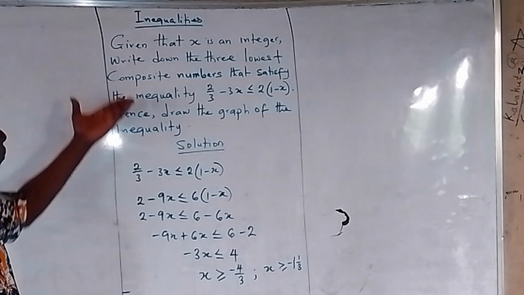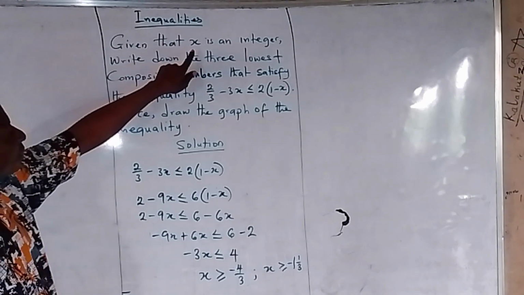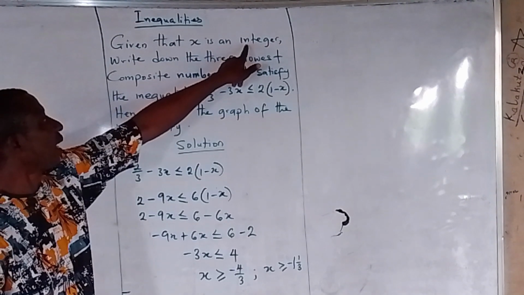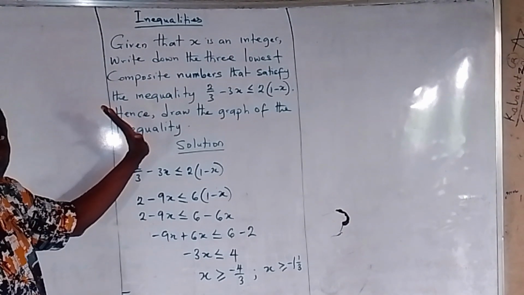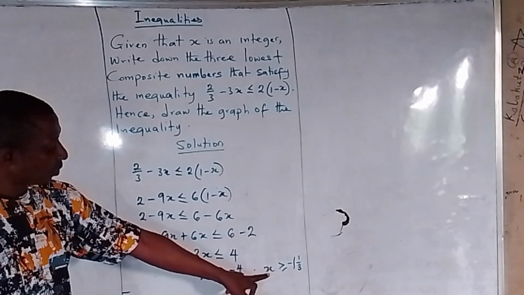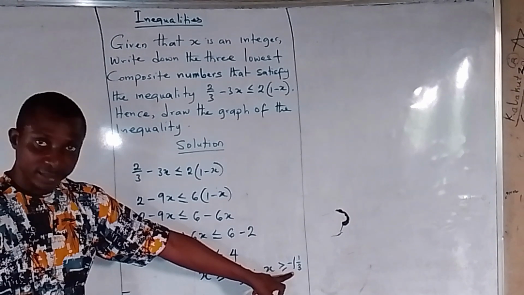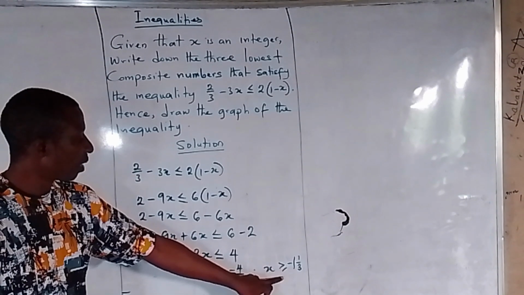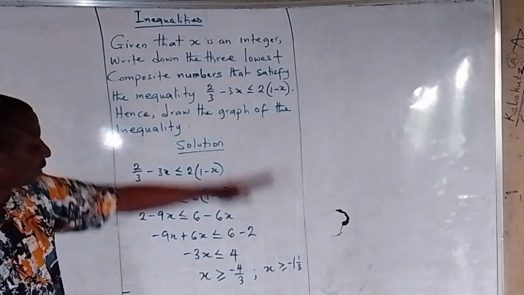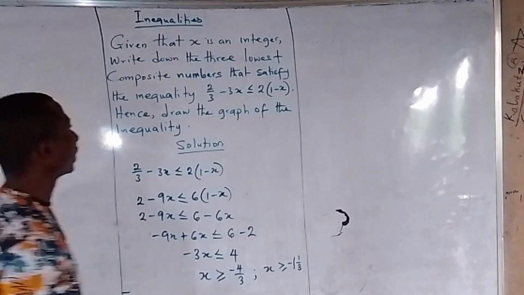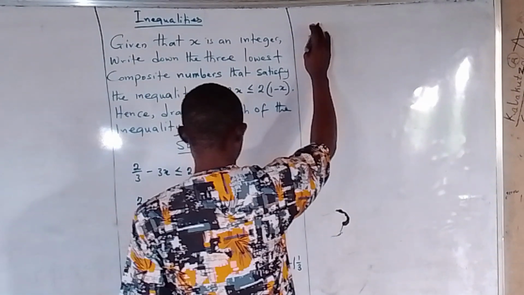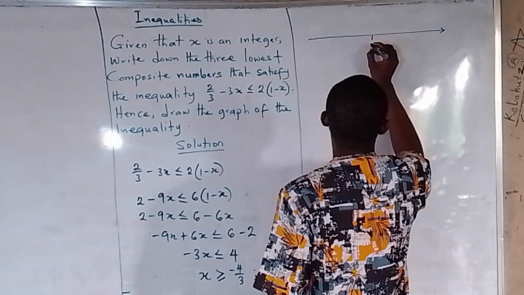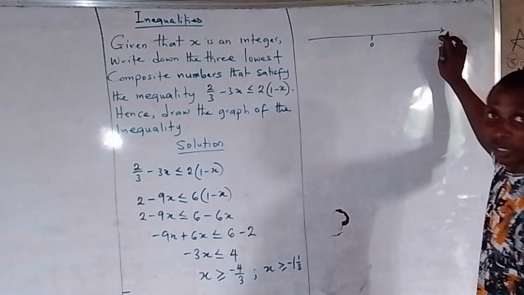Now, we have to look at the question very well. We are told that x is an integer. So we are interested in the integers that are in this set. Now, let's draw the graph of this so that we're able to extract the integers that are here. So this is 0. The first thing is to label.